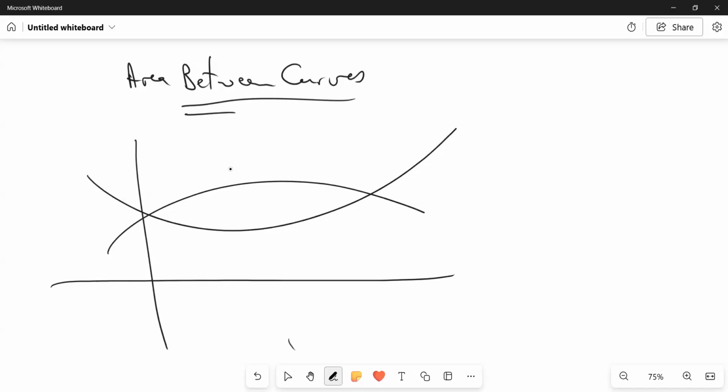Let's call this one f(x), and maybe this one is g(x), and you want to find this area here. So what you want to do probably is find the intersection. Let's say down here is A, down here is B.